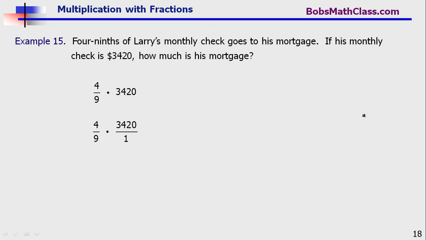Or let's cross cancel. Let's see, how many times does 9 go into 3,420? Let's divide that. And you get 380. So 9 goes into 9 once. 9 goes into 3,420, 380 times. Now we can multiply straight across.